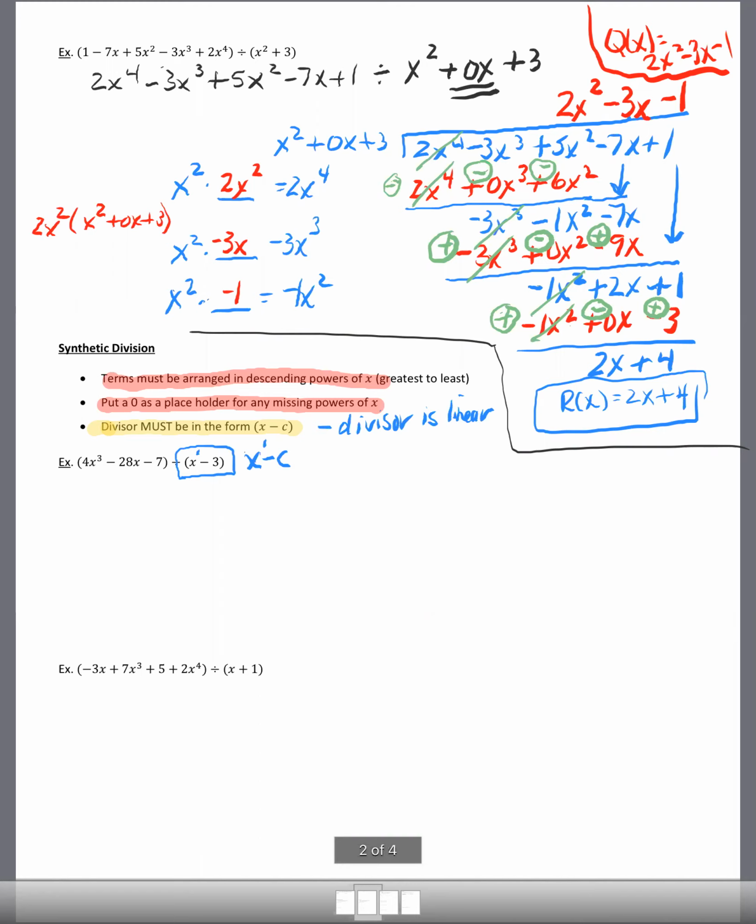So the first thing I want to show you is how is this divisor going to help us? This divisor, the first thing that we will do, we'll take x minus 3, we'll set them equal to 0, solve for x, and whatever number we get x equal to, this now is what we call the synthetic divisor.